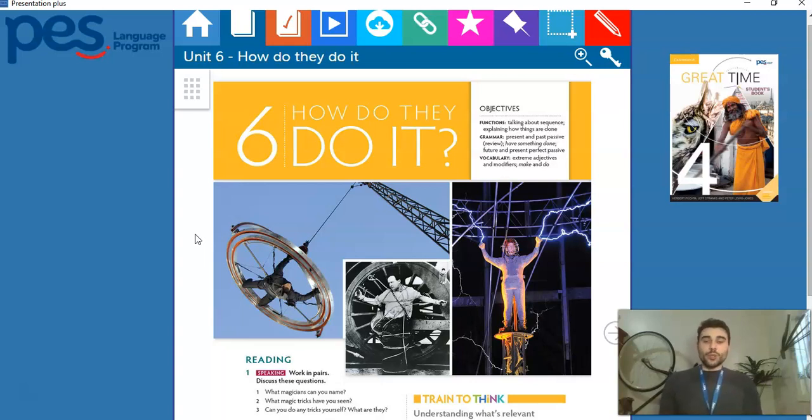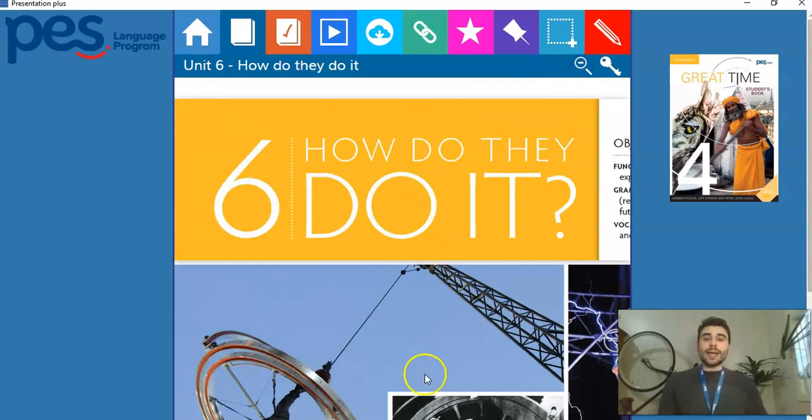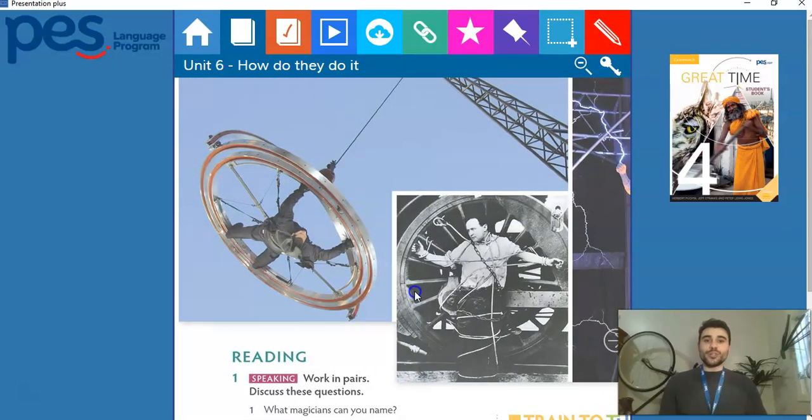And there you find your study guide and you can follow it through the end so that you can finish your studies with Unit 6, okay? So let's just take a closer look at these pictures over here.